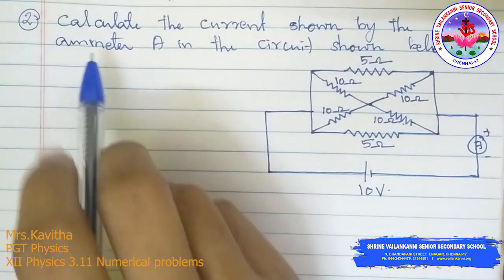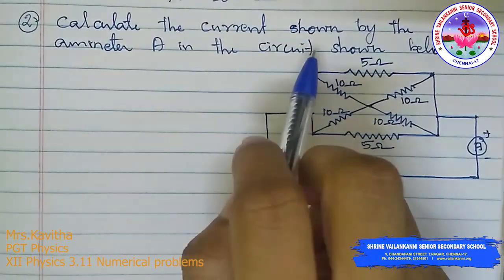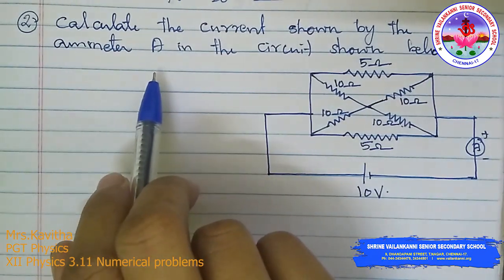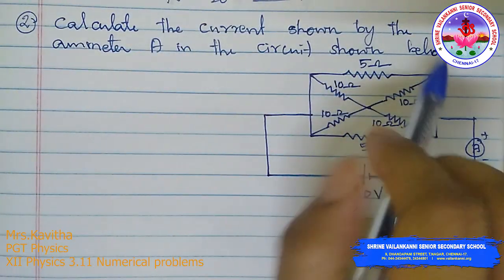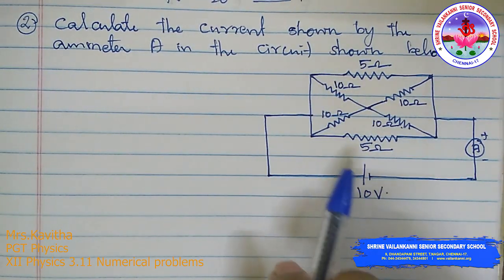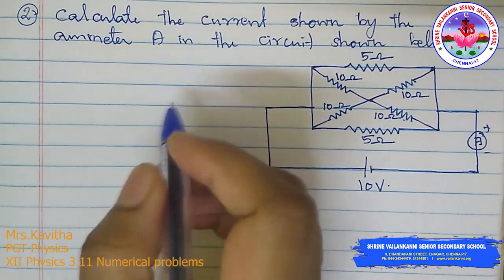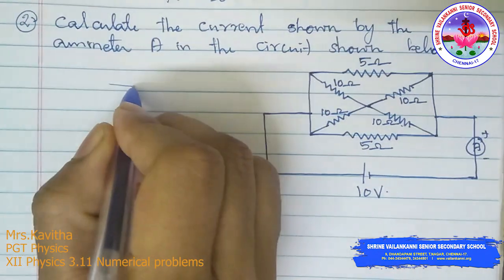So the next numerical: calculate the current shown by the ammeter A in the circuit. See the complicated circuit. We can rearrange this circuit for our convenience.